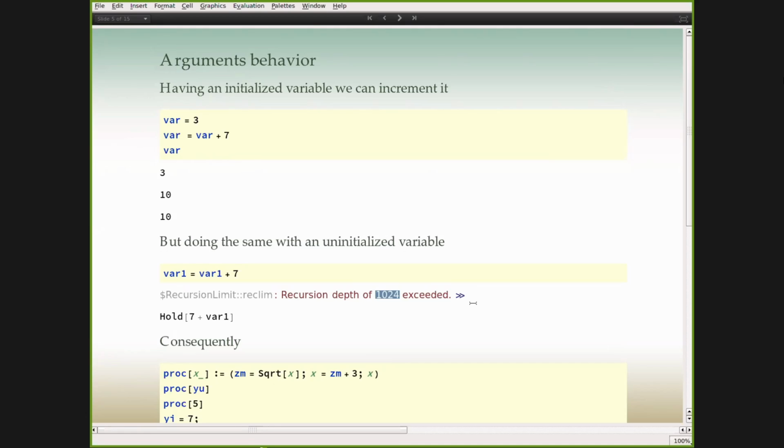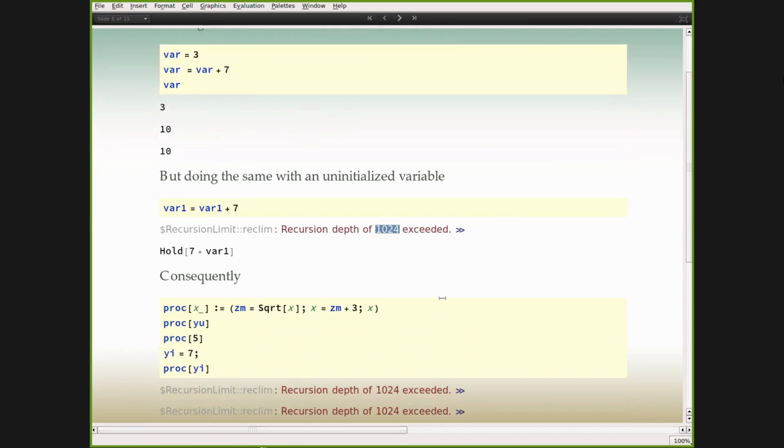You can learn more about this, of course, by going to help and looking it up. I'm sorry. Yes? So if I understood it correctly, it first creates how the variable is defined, and then to display it, it tries to calculate and goes into recursion. Yes, exactly.